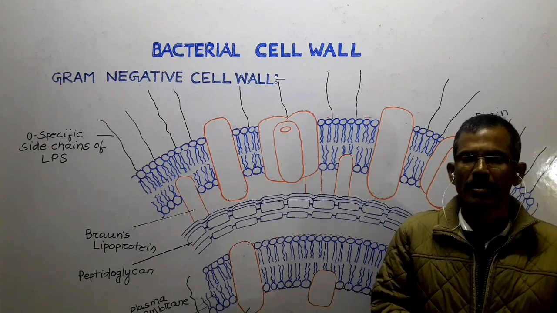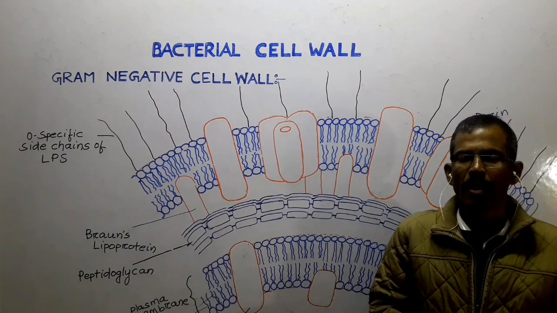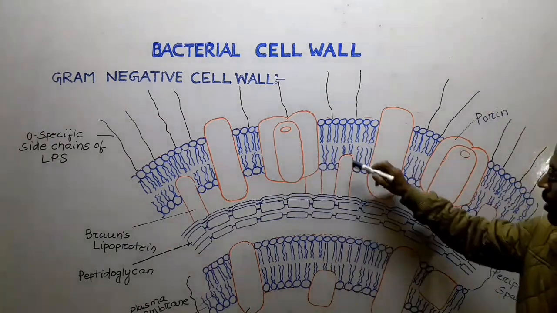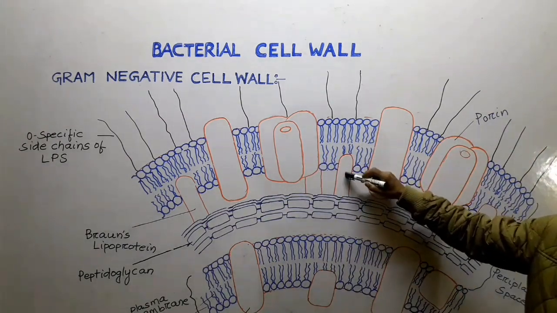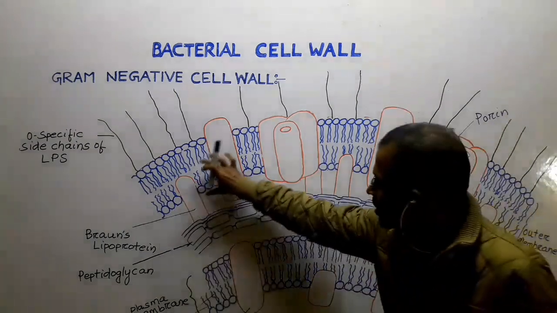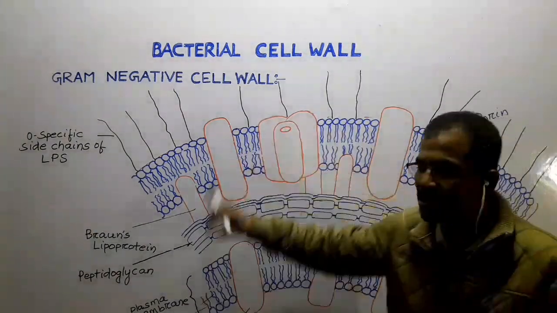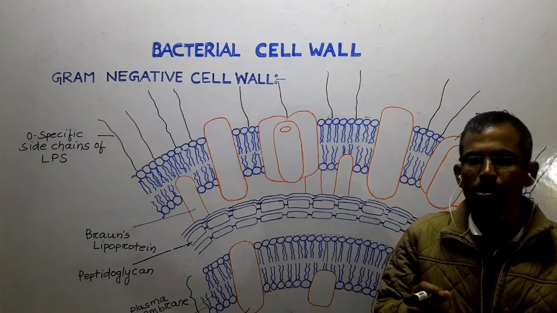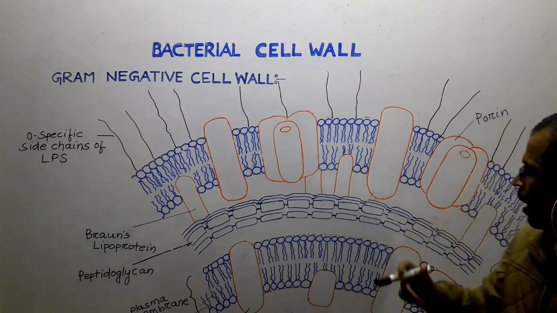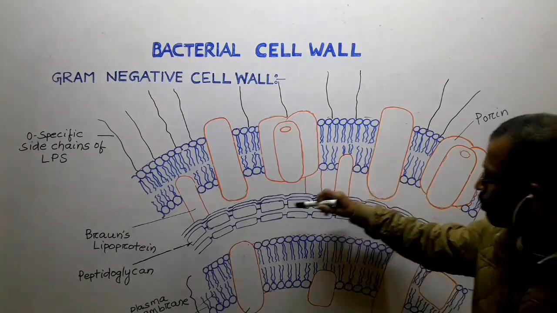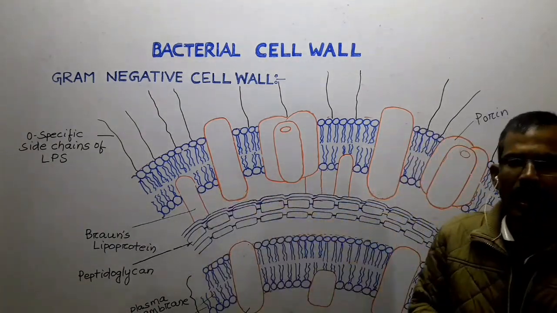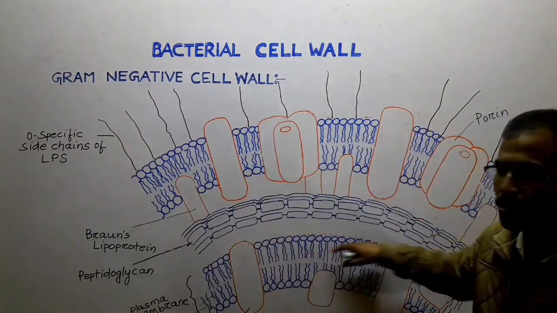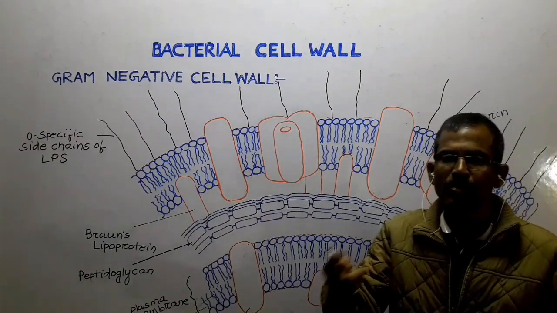Some are involved in peptidoglycan synthesis, and some of the periplasmic proteins even modify toxic compounds that could be harmful to the bacterial cell. One of the most abundant proteins in the outer membrane is Braun's lipoprotein, and the outer membrane is composed of lipids and proteins. The outer membrane is connected to the cell by two different mechanisms.